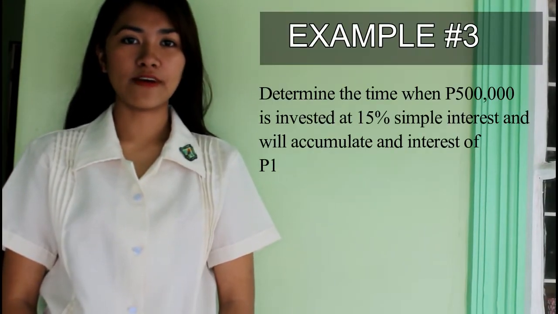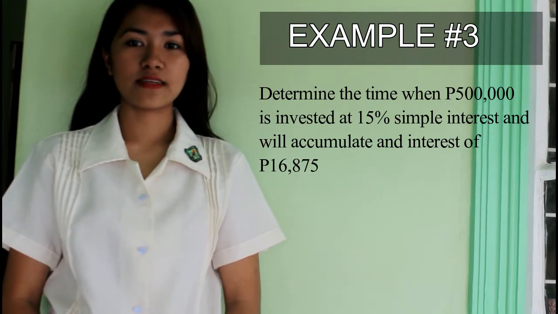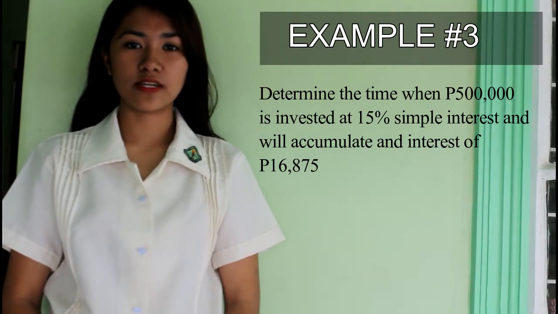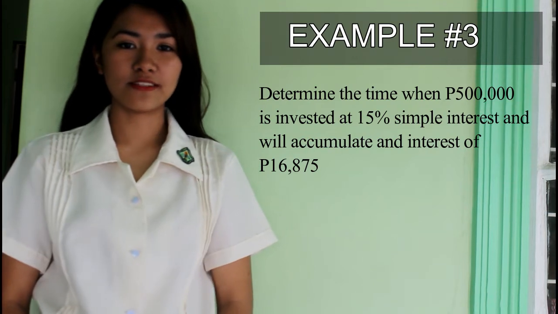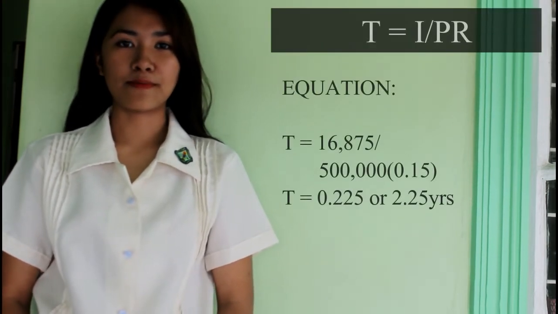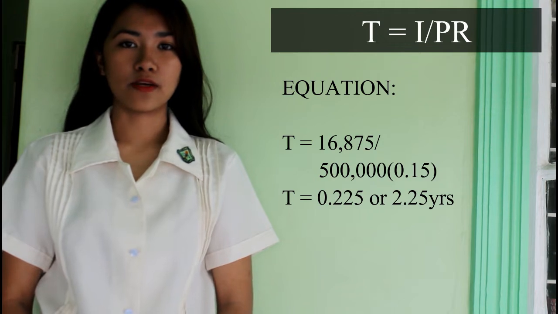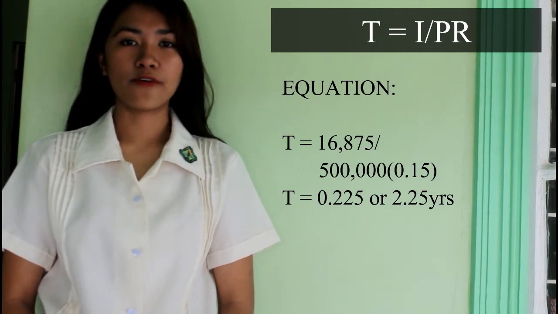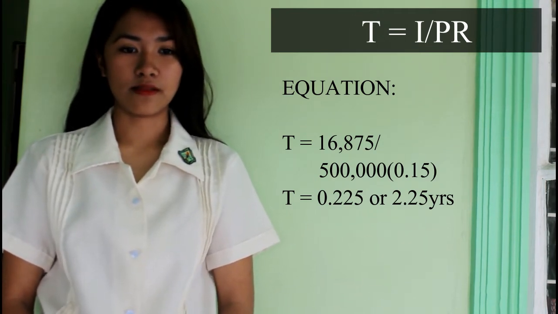Determine the time when 500,000 invested at 15% simple interest will accumulate an interest of 16,875. The time is being asked in the question, so the formula for time is equal to interest over principal times rate.